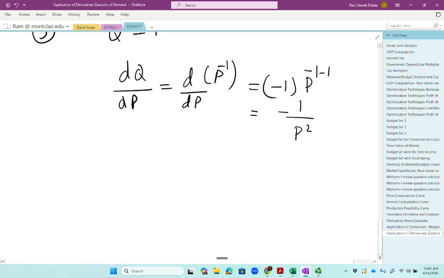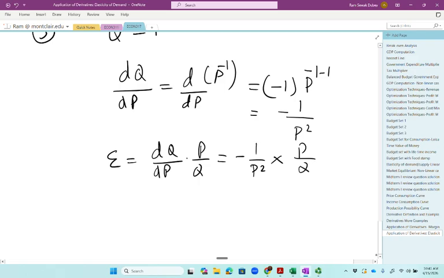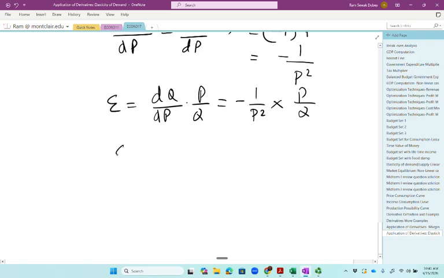Okay, once we have this, now I can write down the elasticity. Derivative of Q with respect to P times P over Q, negative 1 over P square, that's the derivative, P over Q. And now you can see we can have some simplification.